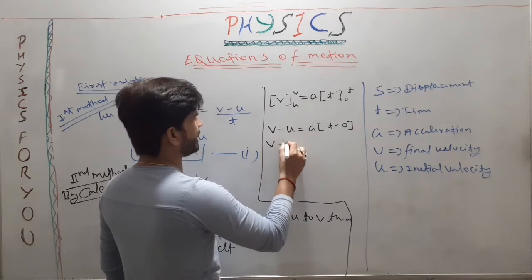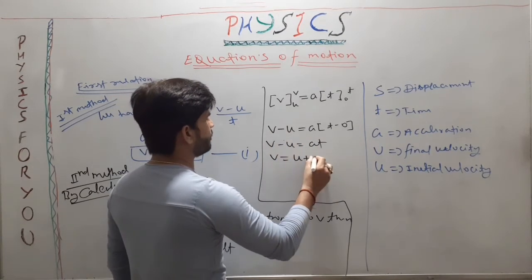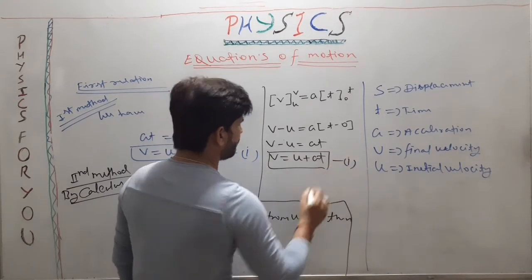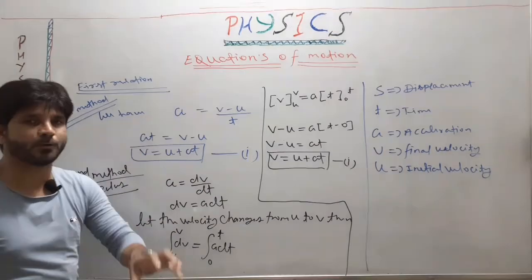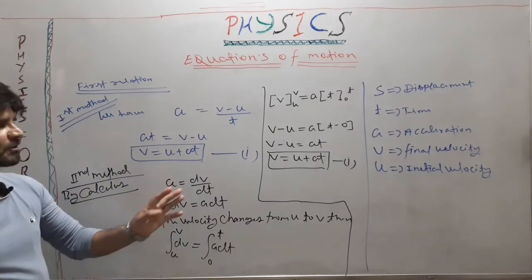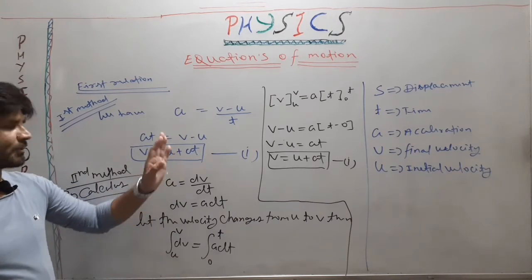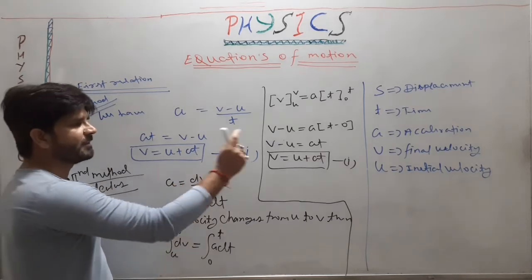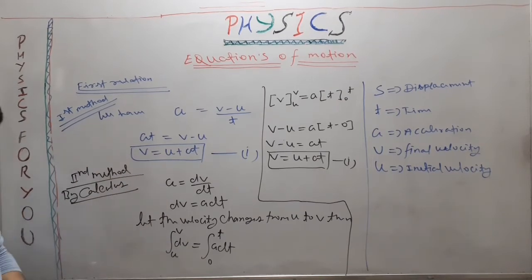So it can be written as v minus u equals at, then v equals u plus at. Again, this is the first equation. So these are the two processes to find the first relation or first equation of motion, named the velocity time relation, by the simple method and by calculus. You can note down these two derivations by pausing the screen.